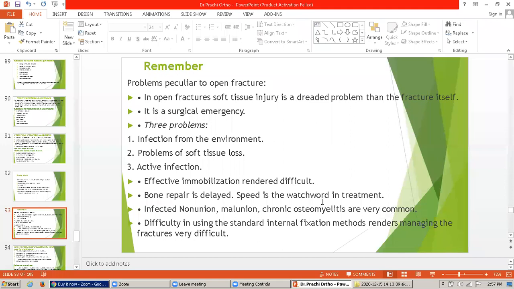Speed is the virtue in treatment, and infected non-union, malunion, and chronic osteomyelitis are very common. So there is a difficulty in using the standard internal fixation method, rendering management of the fractures very difficult. So these points are to be remembered while we treat the open fracture.